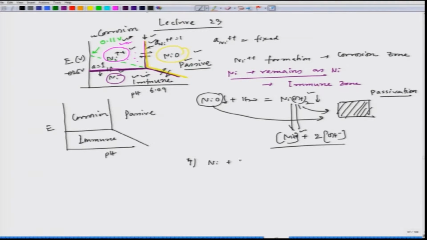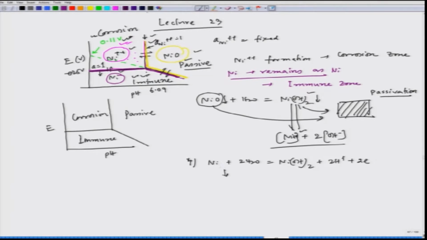Ni plus 2H2O equal to Ni(OH)2 plus 2H plus plus 2e, one reaction. And if we do the calculation, we would see that it would generate the same line we see here, if we fix the concentration of nickel ion.